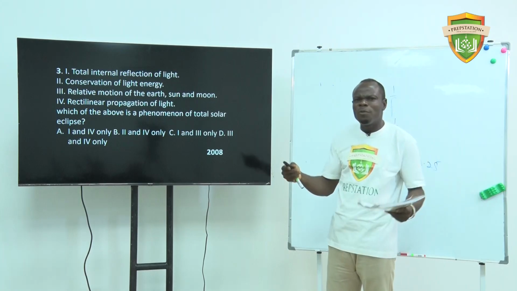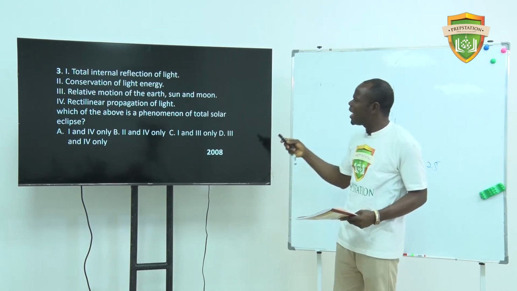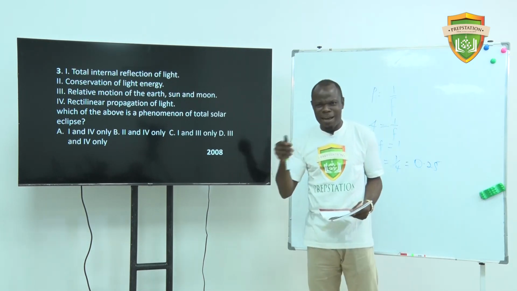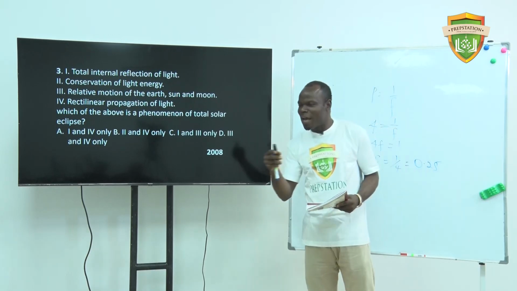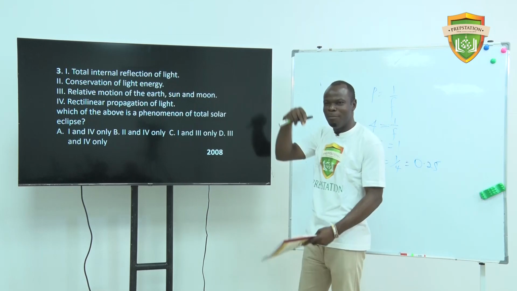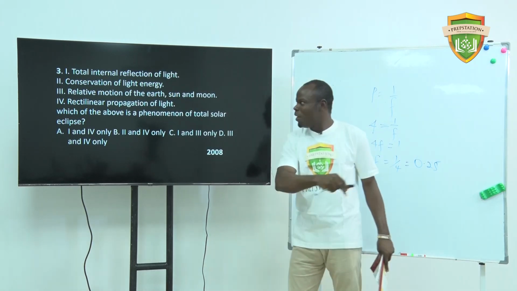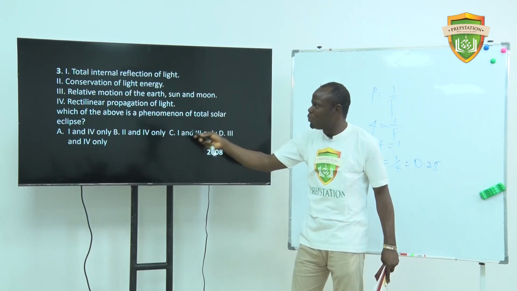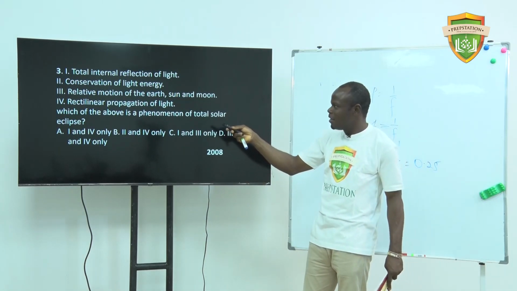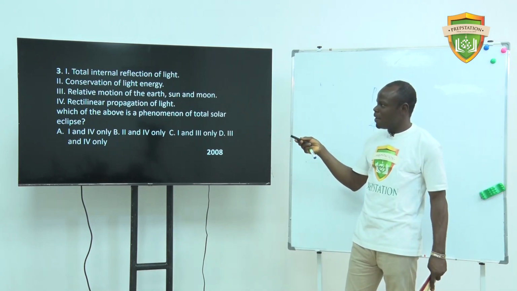Then the question that flows from there is, which of the above is a phenomenon of total solar eclipse? I hope you remember that concept of solar eclipse. The 3 of them have to be in one line, and one will be at the middle, casting shadow on the top. And if they must be on the same line, that tells you that point 4 is correct as one of them, rectilinear propagation of light.